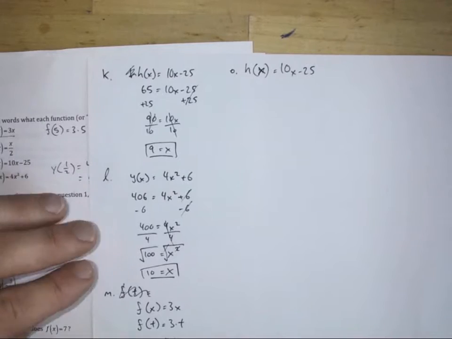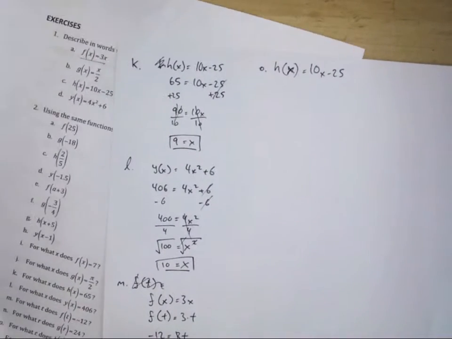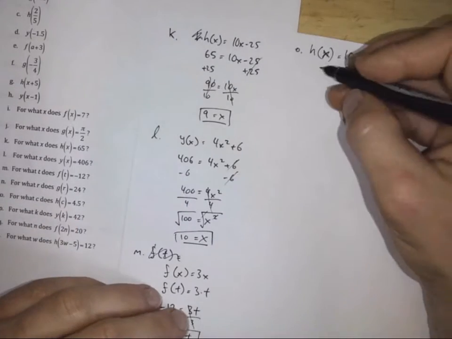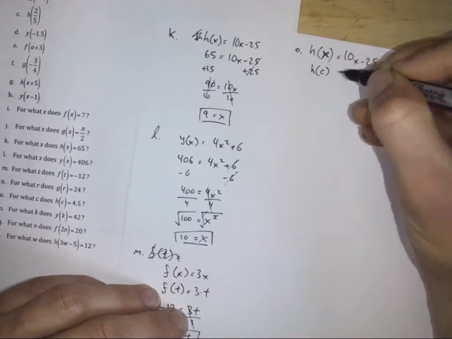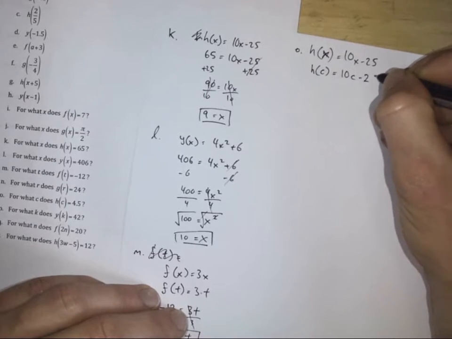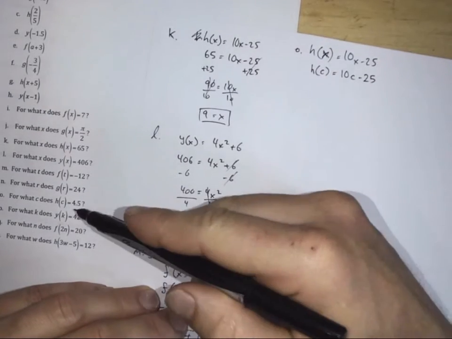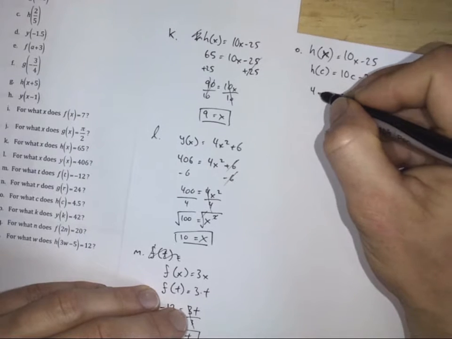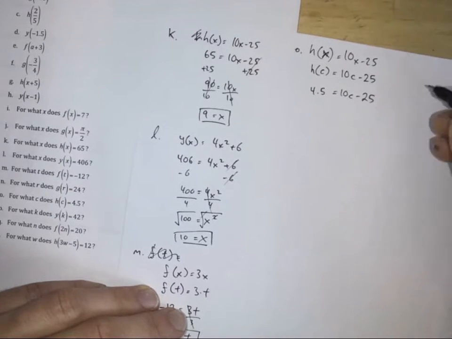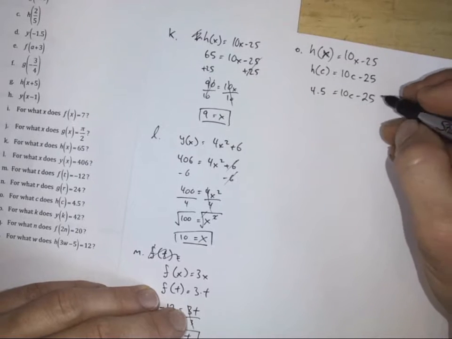And if h of c is 4.5, so first it might help to rewrite this as h of c. This is perfectly fine. We can just transpose a letter and then say, okay, well, 4.5 is our output. The question is, what input gave us that? And okay, so this is going to involve a few steps.